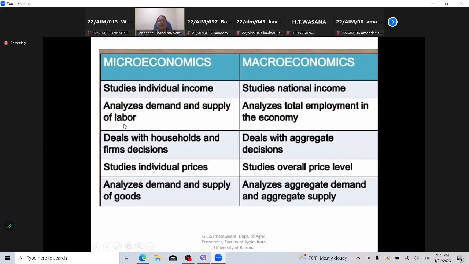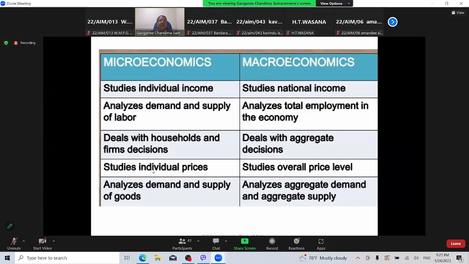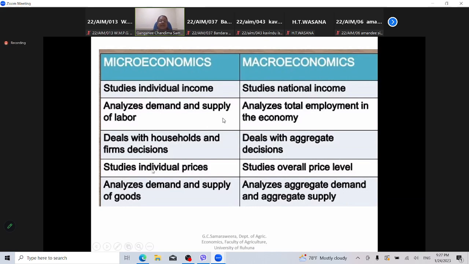Another point, let's say we need to analyze the demand and supply of labor. How about the labor demand? How about the labor supply? So this is microeconomics. Then you need to clearly differentiate or recognize these two concepts. Macroeconomics analyzes the total employment in the economy, the employment rate.